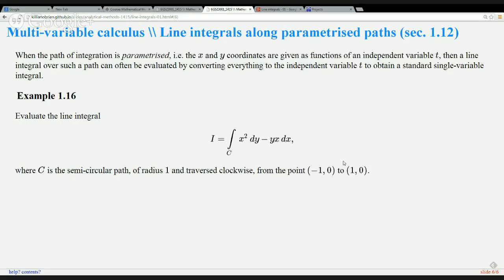Well, tidying that up a bit, you can see here you've got a cosine squared and a sine squared, and they're both multiplying cosine of t dt. And cosine squared plus sine squared is 1, so this will become just the integral of cosine of t dt.